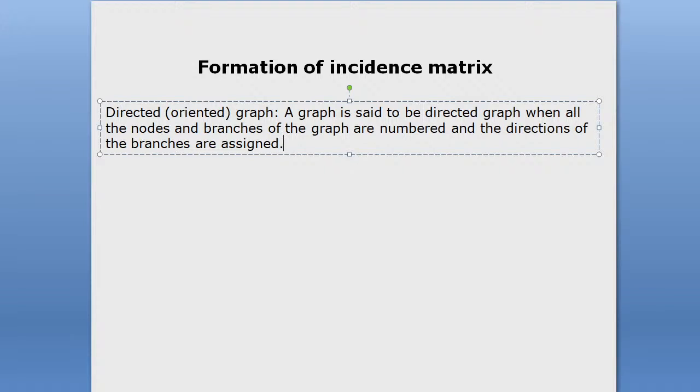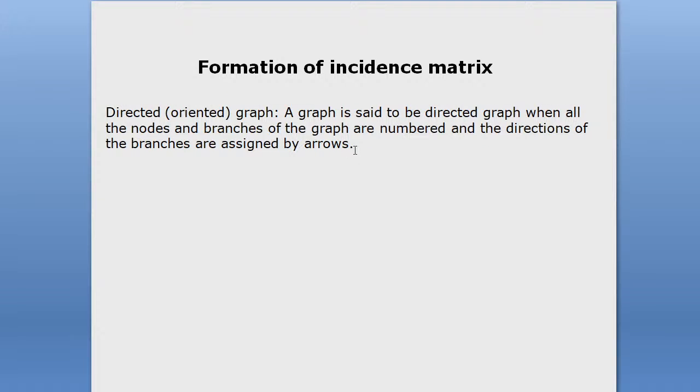A graph is said to be a directed graph when all the nodes and branches of the graph are numbered and the direction of the branches are assigned. The direction of branches are assigned by arrows.